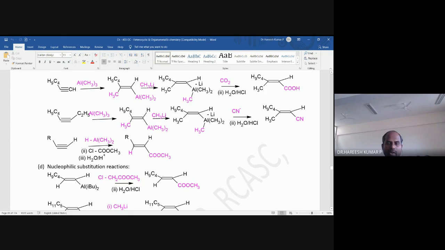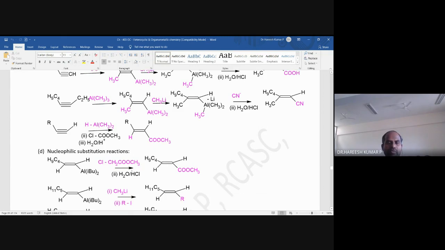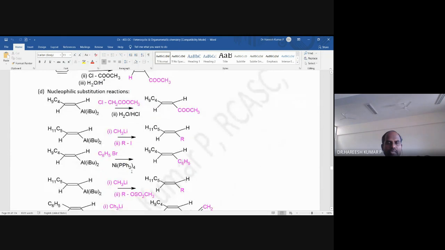So that is how a compound is obtained. Okay, a few more examples I will also discuss. So what is that nucleophilic substitution reaction? Here, there will be a new bond formation between this carbon and this carbon. So that is how the product is obtained.